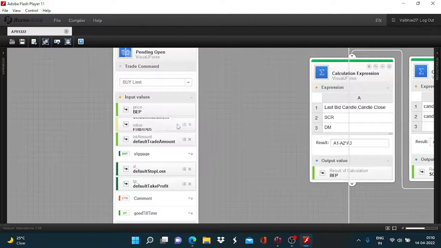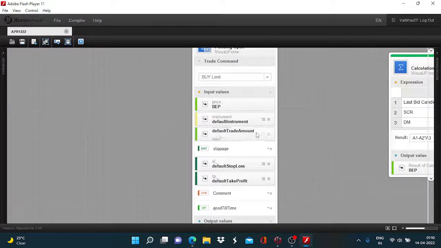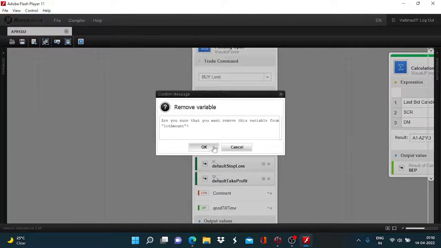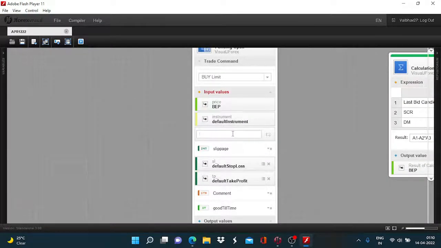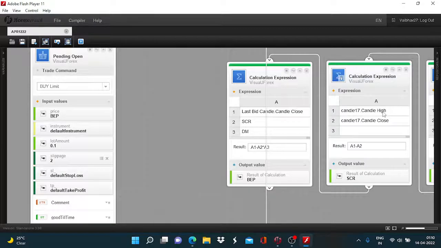Now, coming to the second input parameter of this create command block, we leave the default instrument Euro USD as it is. I will change the lot size to 0.1 million, slippage 2 pips, stop loss and take profit. We will keep it in proportion of the price volatility.